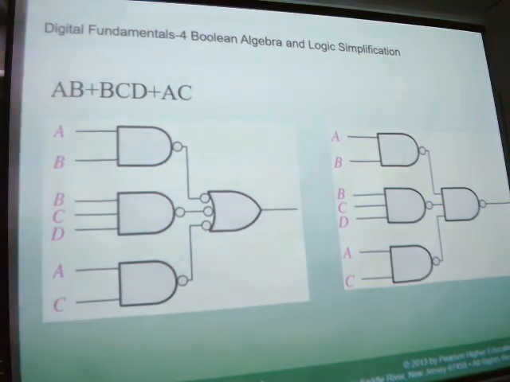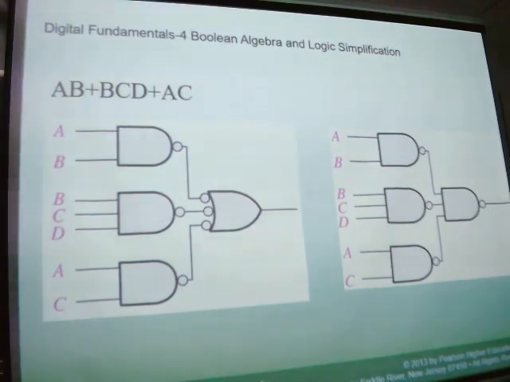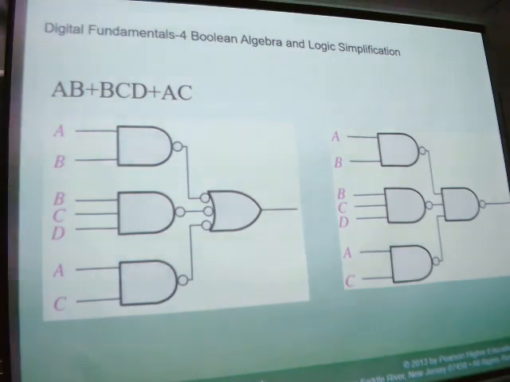Then we know that according to De Morgan's law, AB double bar plus BCD double bar plus AC double bar, so AB bar dot BCD bar dot AC bar double bar equals AB plus BCD plus AC.